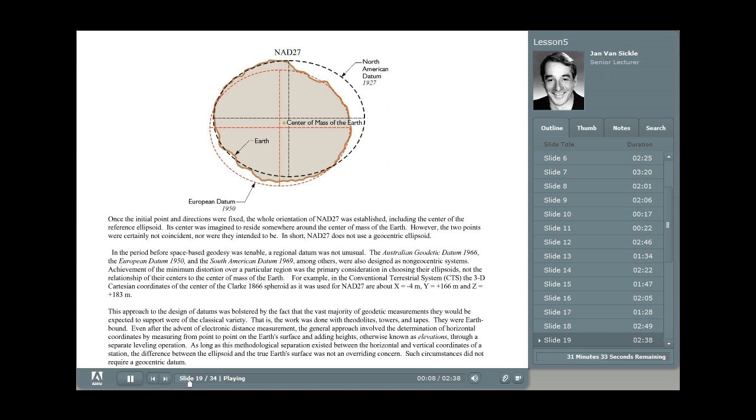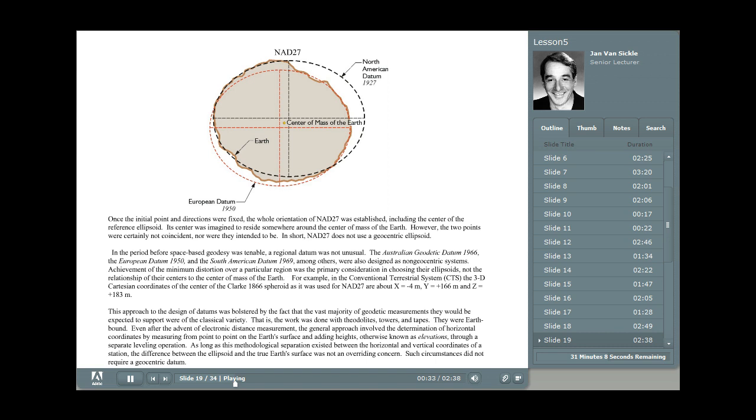Once the initial point is fixed on a datum, such as NAD 27, the idea always was that the center of the ellipsoid was somewhere near the center of mass of the Earth, but there was no requirement that it be so. It wasn't intended to be a geocentric ellipsoid.